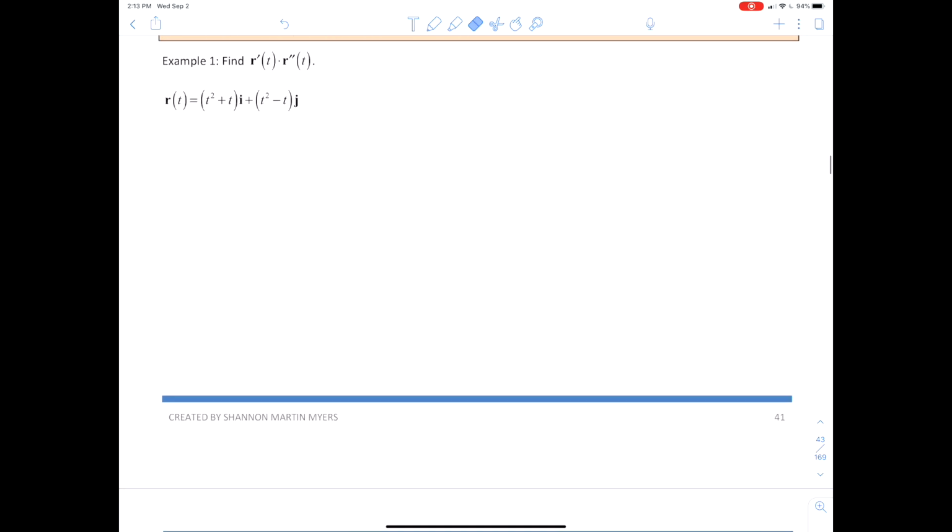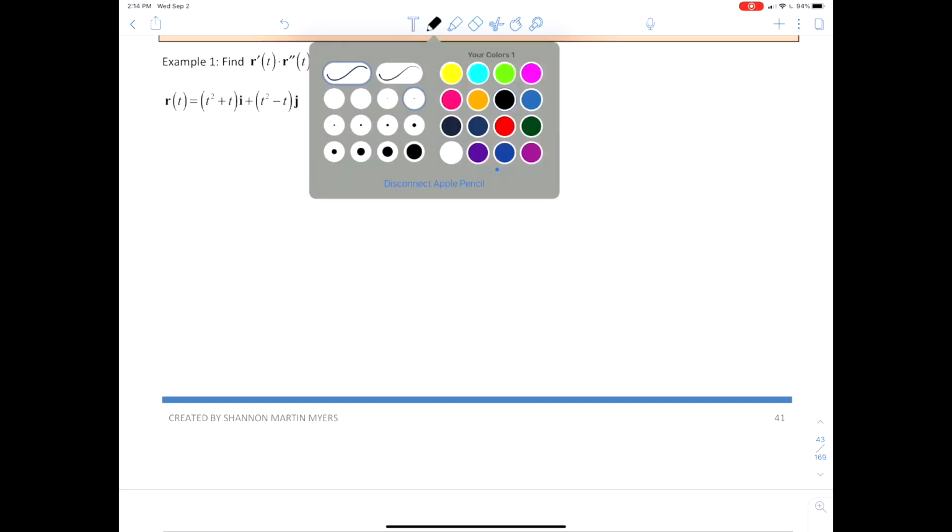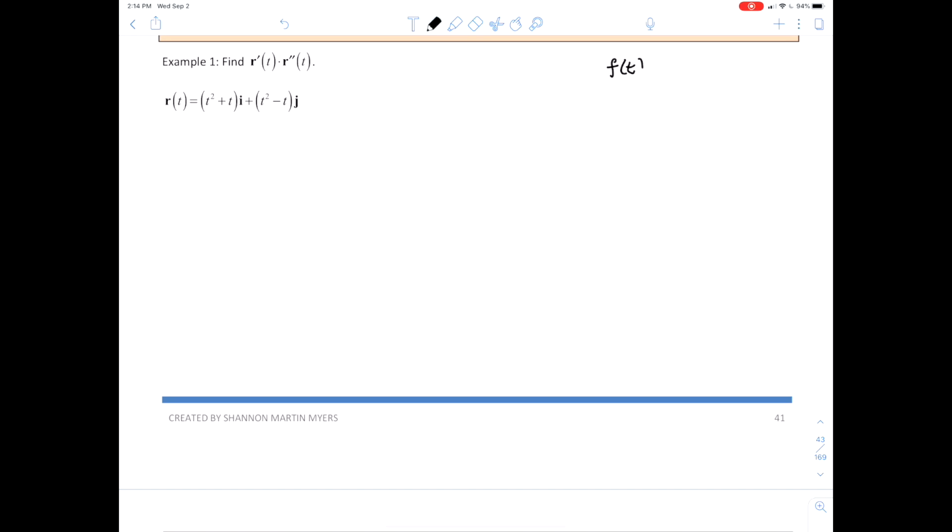All right, so here we go. Let's find r prime at t dot r double prime at t. Okay, so what is r prime at t going to be? Do you see that we've got a vector in the plane? I'll just do some side work over here. So f at t is equal to t squared plus t. So f prime at t is going to be what? Beautiful, 2t plus 1.